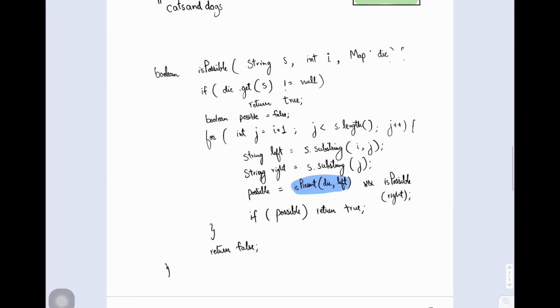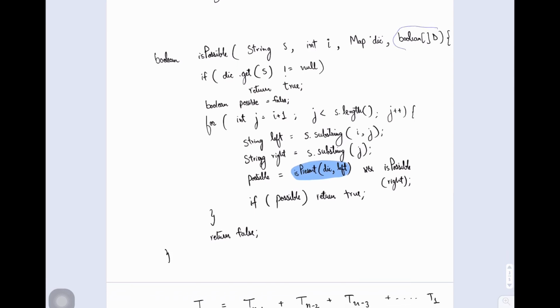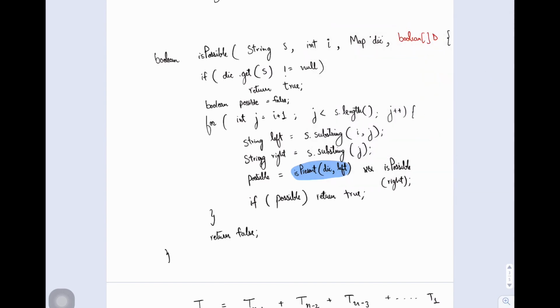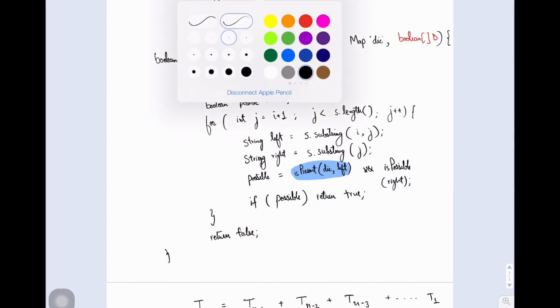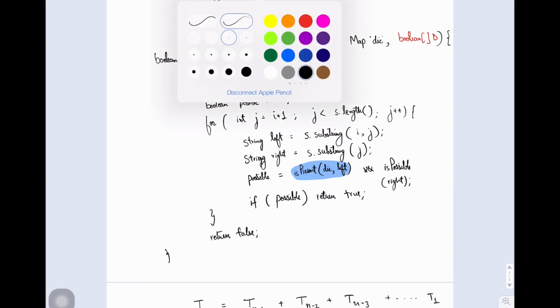So let's say we can have a boolean array, let's call it dp. What will be the initial values for this? Since we are looking for a possible solution, we are not interested in the true cases, we are only interested in the false cases. So whenever we have figured out that it's not possible, we need to store it.